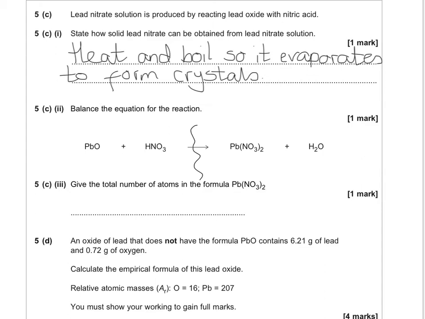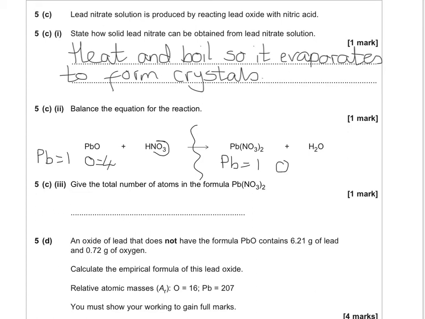So we need to have a look at what we've got on each side. Pb here, I've got 1. Pb here, I've got 1. Then we've got oxygens here. I have got 3, and I have got 1, which is 4.